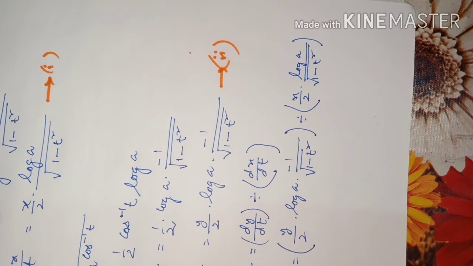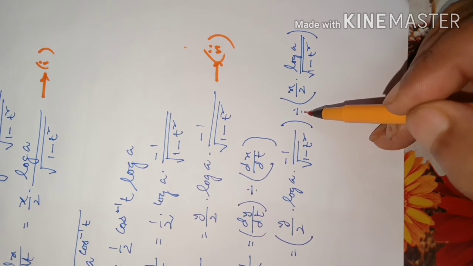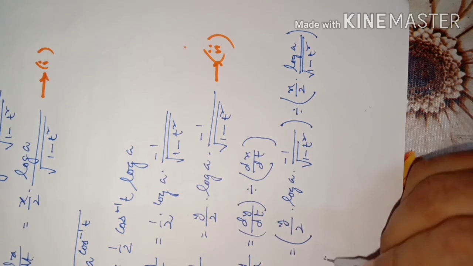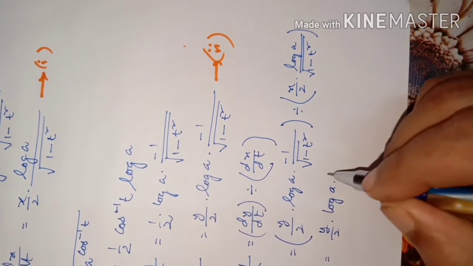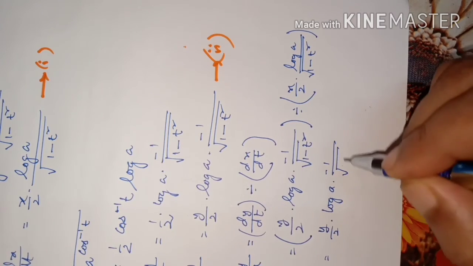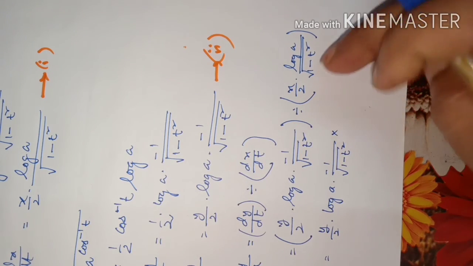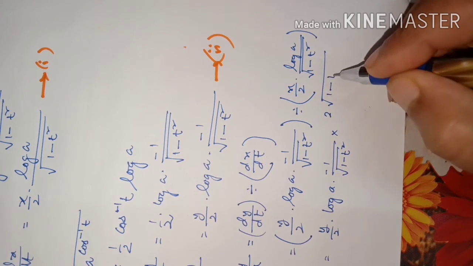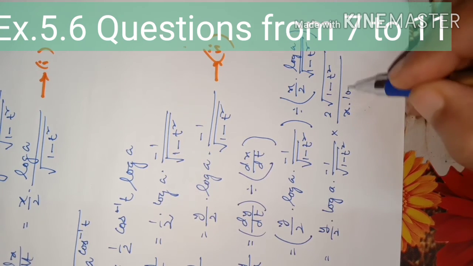So then what will happen here, this divide sign we will write as multiplication sign, then it will become reciprocal. So it will be y by 2 into log a into minus 1 by under root 1 minus t square into 2 into under root 1 minus t square divided by x into log a.